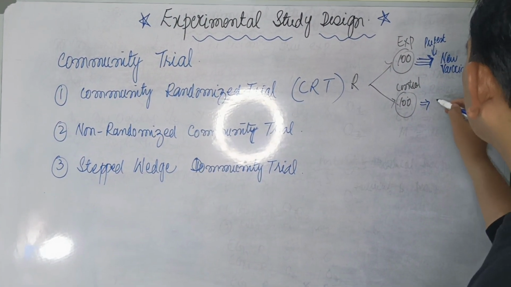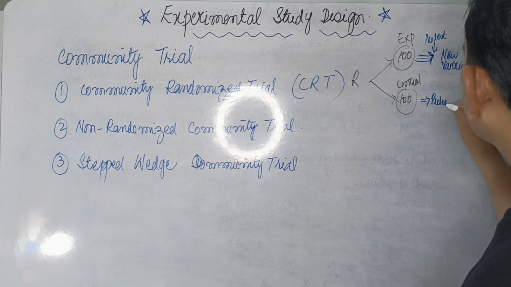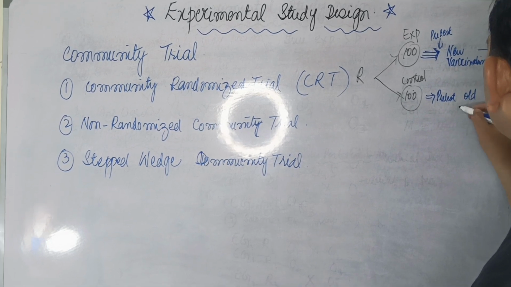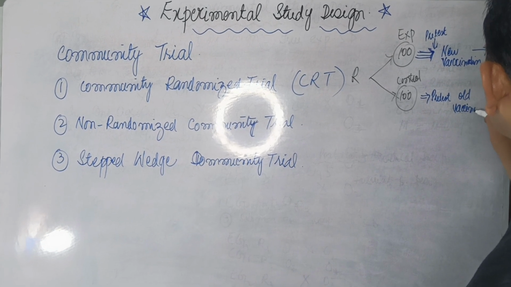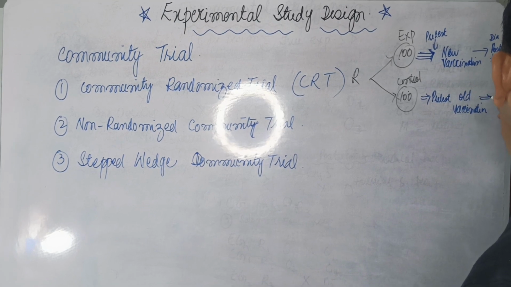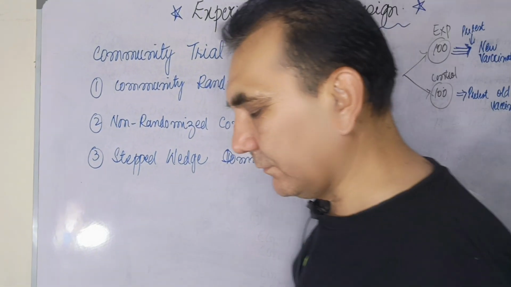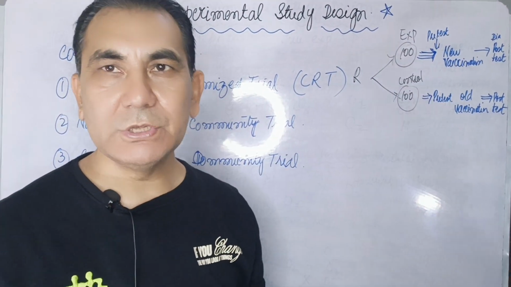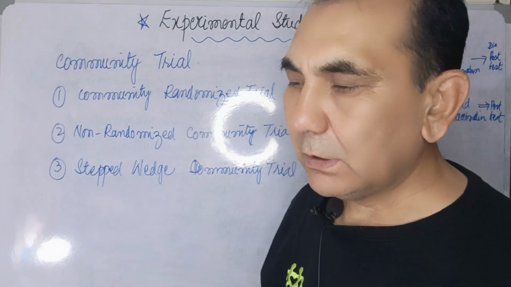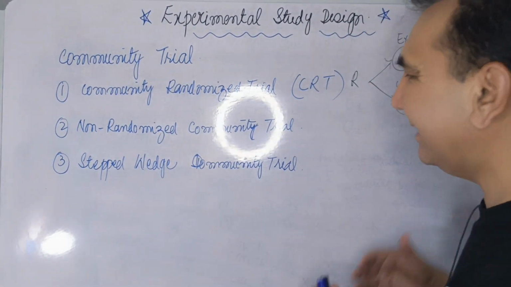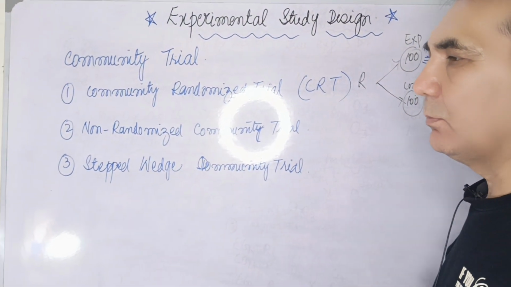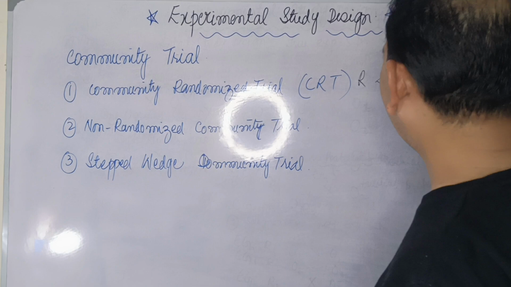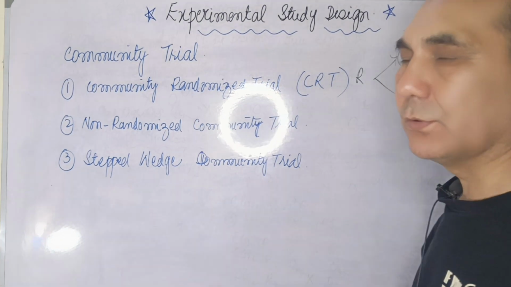And in the control group he took the pre-test and gave the old vaccination program and then conducted the post-test diagnostic test, and he saw the level of the antibodies. The new vaccine maybe increases the immunity, more herd immunity, as compared to the control group.